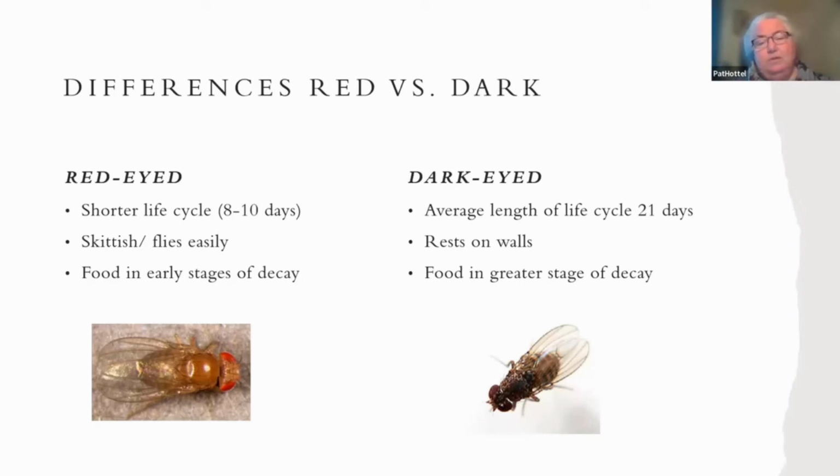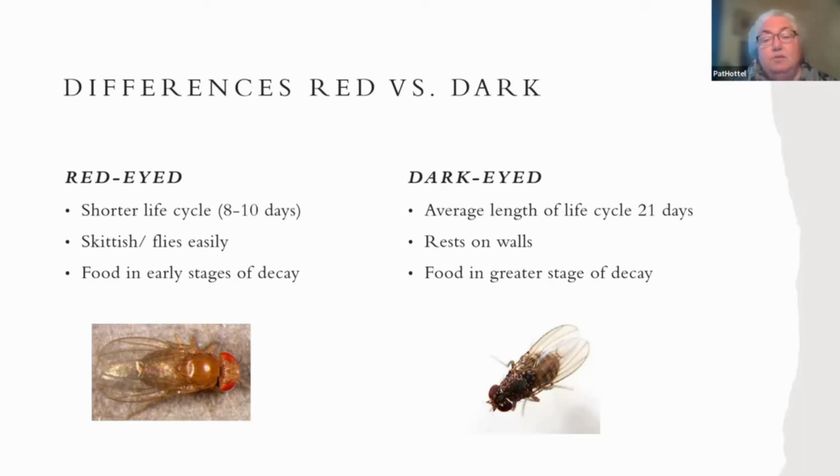And we see with dark-eyed fruit fly, not so much. They're not that skittish. They'll often rest on wall surfaces close to where they're harboring. You can almost go up and touch them before they'll move. So that's a behavioral characteristic that, above and beyond their appearance, can be used.